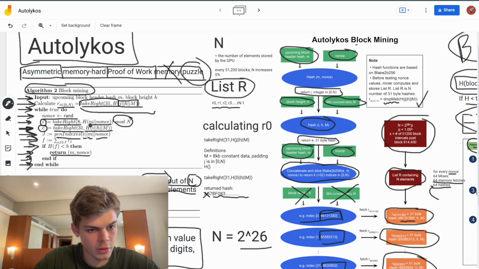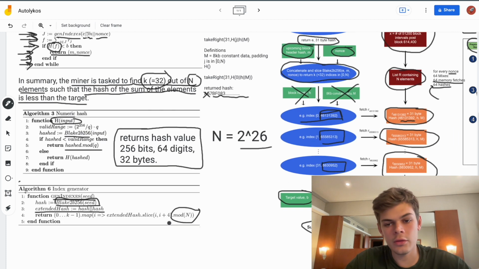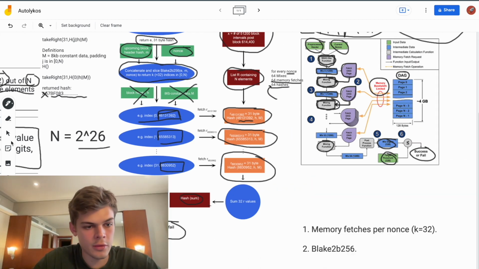In Autolykos, when you're actually doing the proof of work, you only have around 4 hash instances. One here, one here, one here, and one here. So at least 4, because this function can be looped.